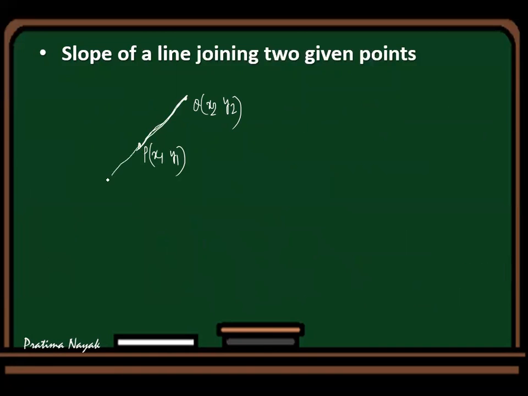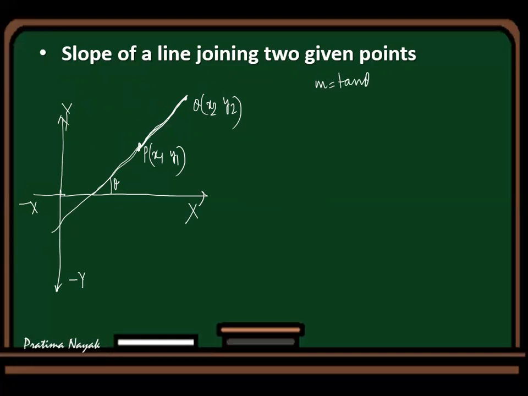So let us produce this till it passes through the x-axis so that I can get the angle. So this is your positive x-axis, here negative x-axis, y positive, negative y. Now I want the slope. Slope means this is theta.